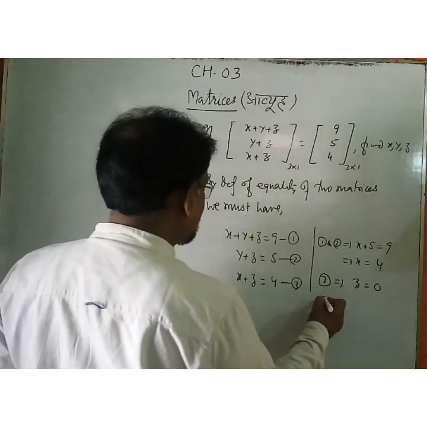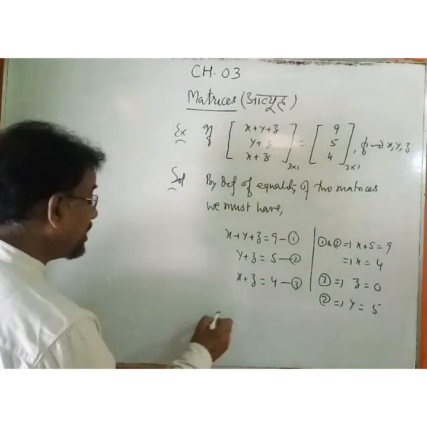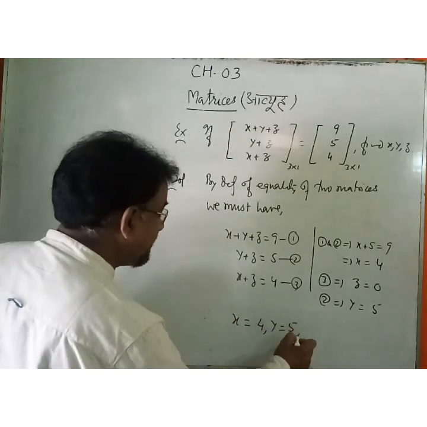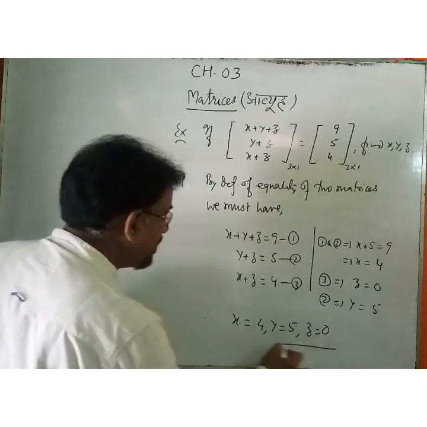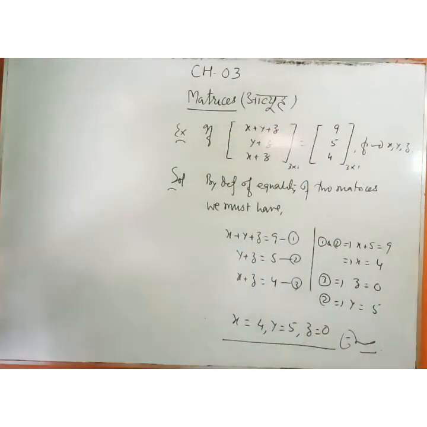When Z is equal to 0, equation 2 implies Y is equal to 5. Therefore, X is equal to 4, Y is equal to 5, Z is equal to 0. This is the answer. Multiple problems may be framed based on equality of two matrices.